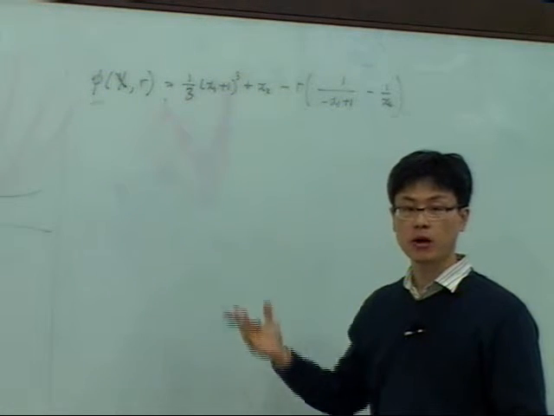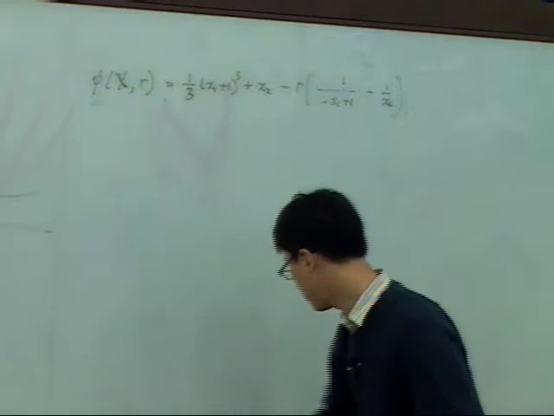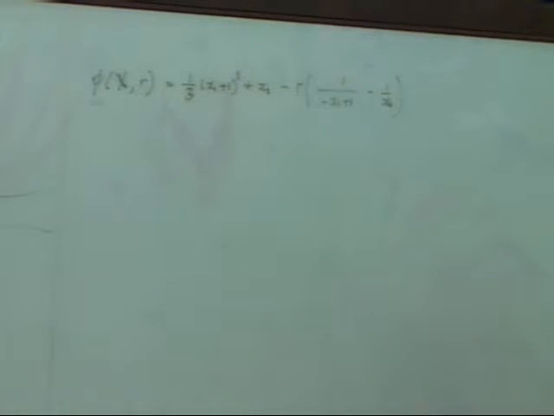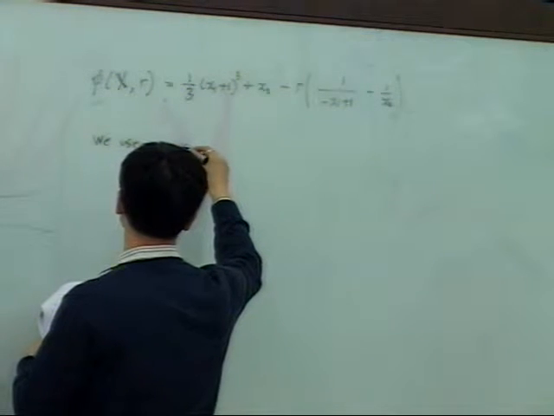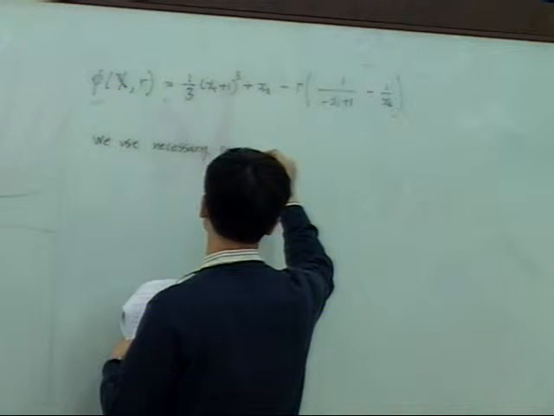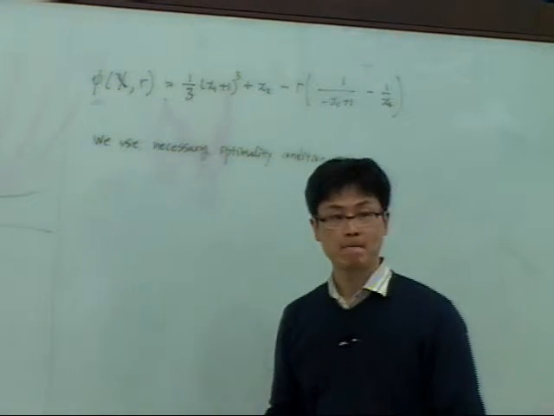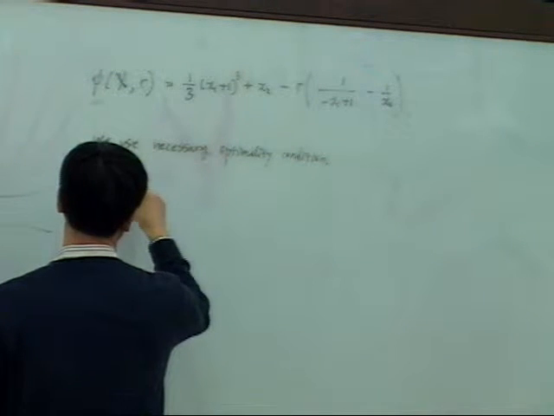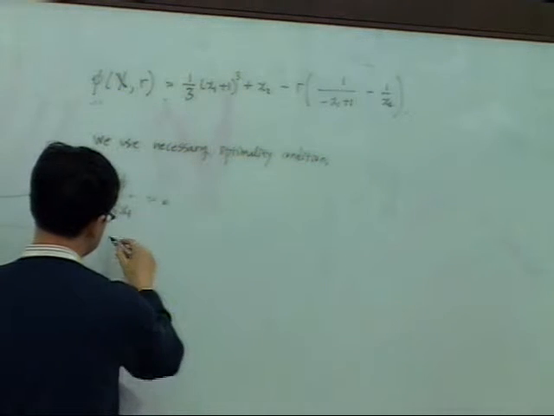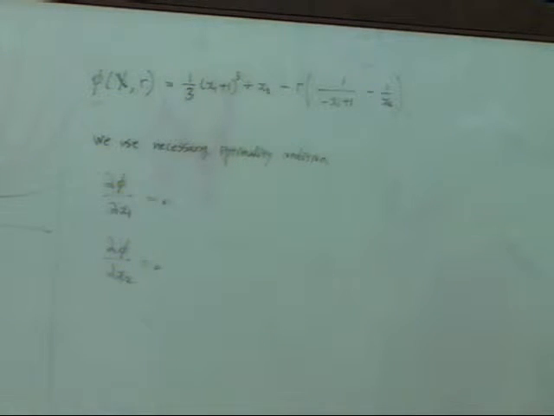How do we find the local optimum? We can run some of the algorithms we've learned, or because this is a very simple analytical form, we can use the necessary optimality condition, which is gradient is 0, which is... we are supposed to find the solution of these two equations.